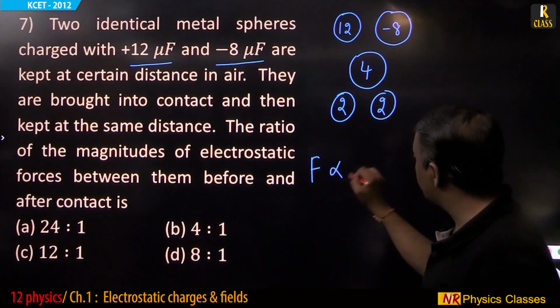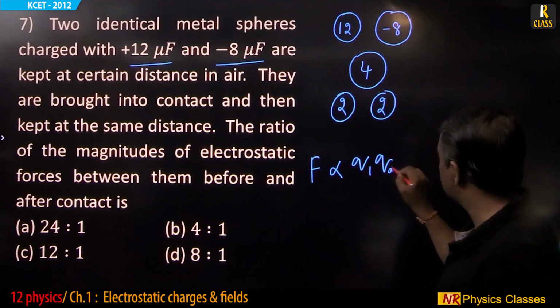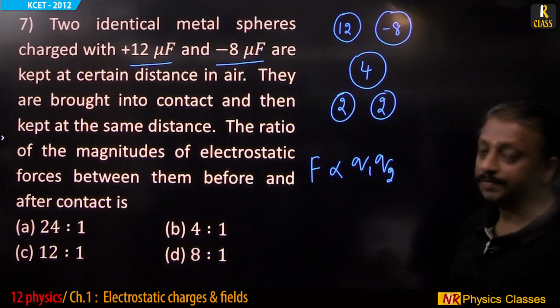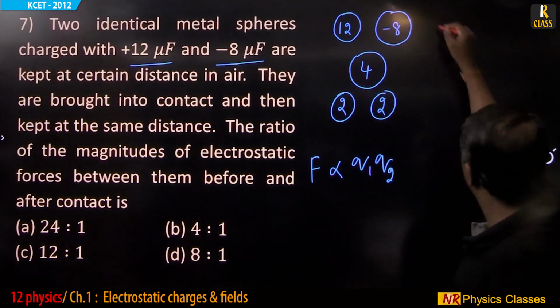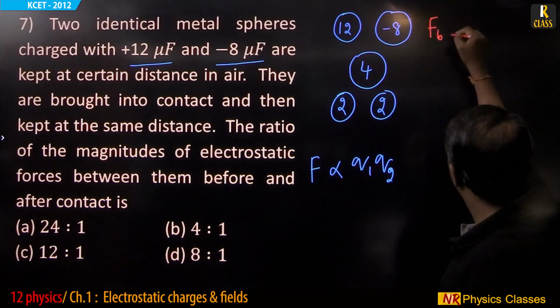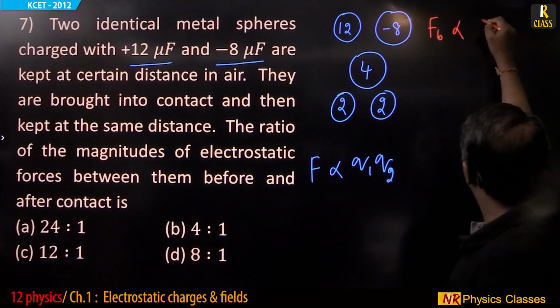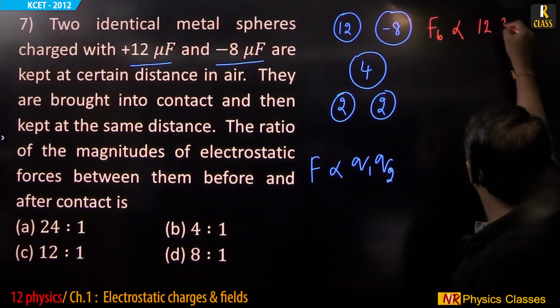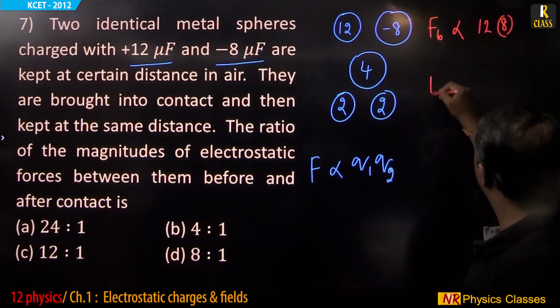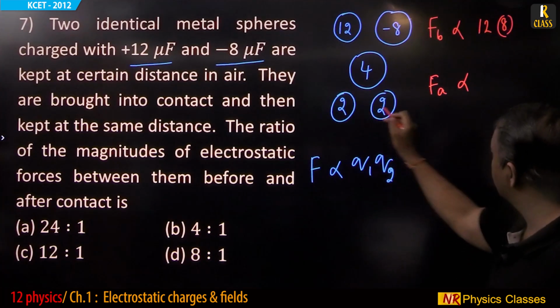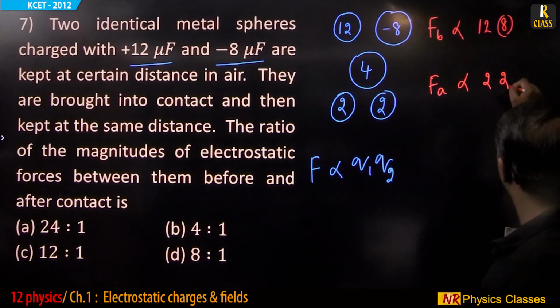Force is directly proportional to the product of the charges. So just find out the product of the charges. Force before is proportional to the product of these two, 12 into 8. Force after the contact, product of these two, 2 into 2.